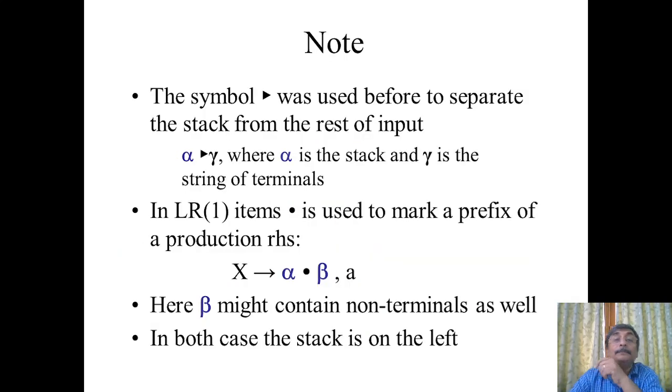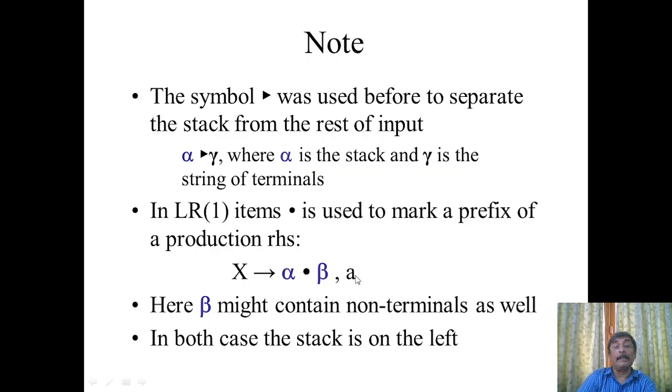So let's continue. This means that alpha is at the top of the stack, and gamma is the string of terminals that are remaining. In an LR1 item, the dot is used to mark a prefix of the production RHS, where beta might contain non-terminals as well, and in both cases the stack is on the left.